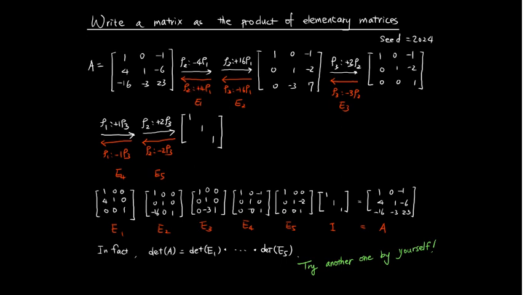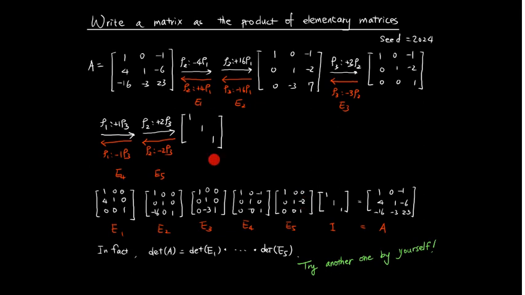So now you have several elementary matrices. If you want to apply this action to the identity matrix, you have to multiply by E5. And what is E5? E5 is simply applying this action to the identity matrix, which you can see here. Apply a row combination of adding minus 2 times row 3 to row 2, and you will get this one.